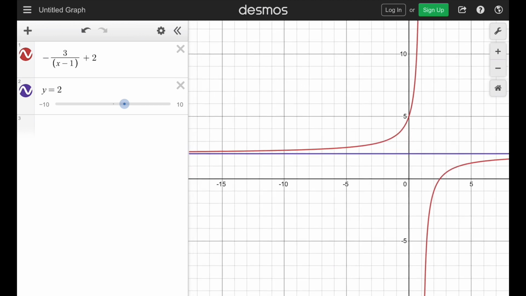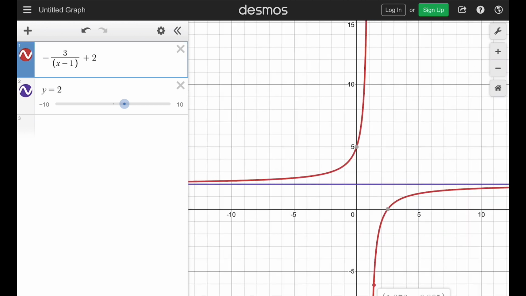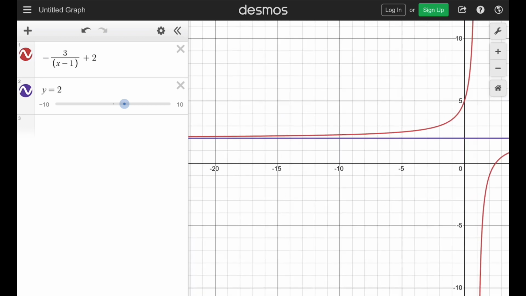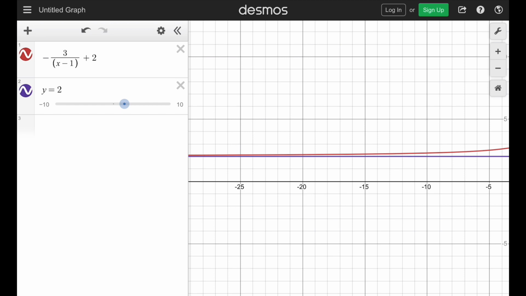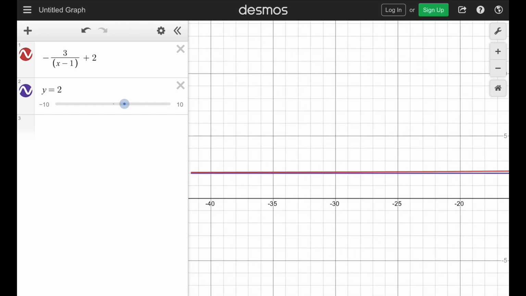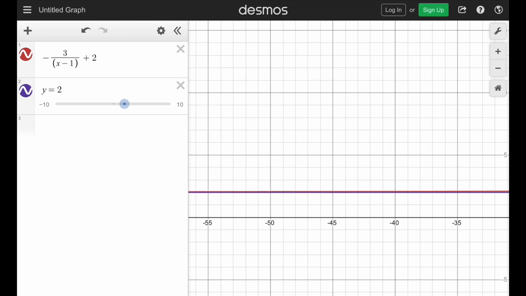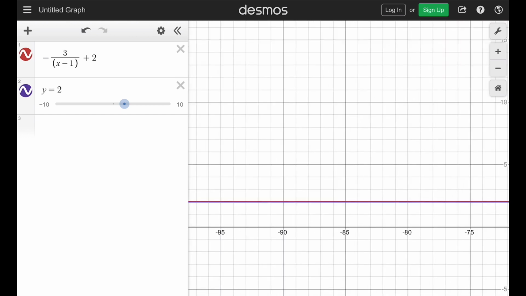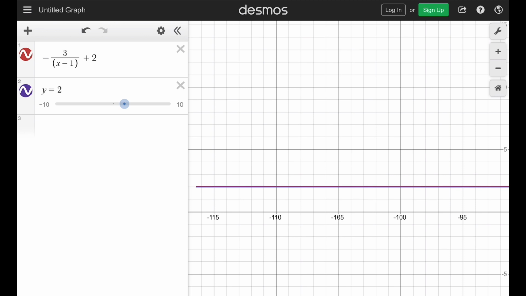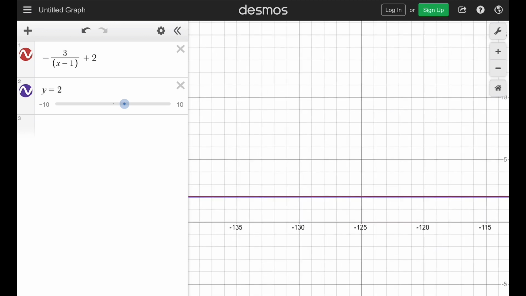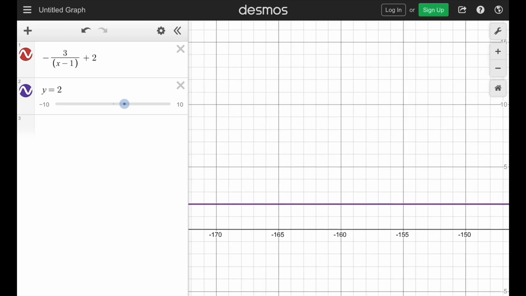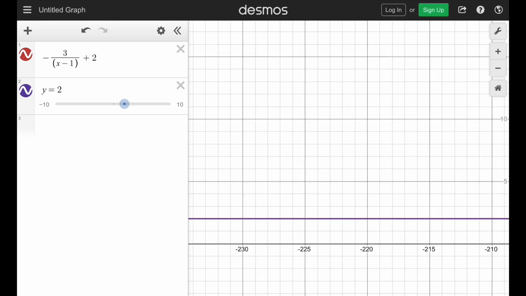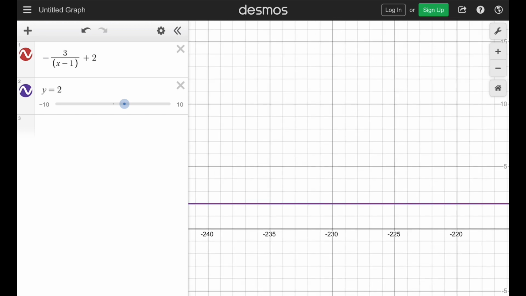Do you notice that our hyperbola is approaching the line y is equal to 2, but it doesn't ever touch it? It just continues and continues, but it doesn't touch it, it doesn't cut it. It keeps approaching it, getting closer and closer as the value of x decreases.